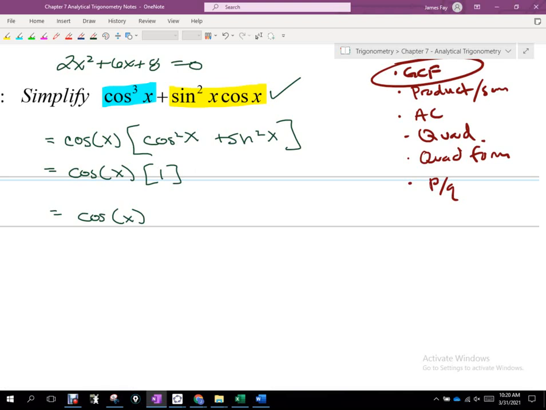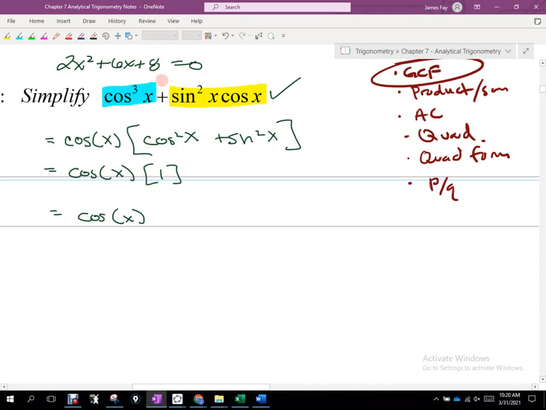If I'm for whatever program, application, GPS, or whatever it may be that is taking this cosine cubed x plus sine squared x cosine x formula and doing something, evaluating at different angle measurements of x, it has to input 3 things, right? It has to input it for the cosine cubed, it has to input for the sine squared, and it has to input it for the cosine. So 3 inputs, okay?